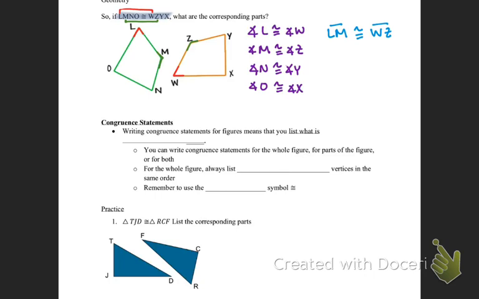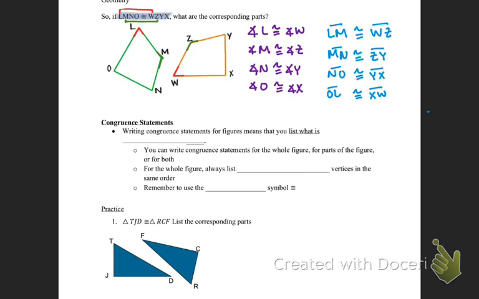And I can go down the line and I can do MN is congruent to ZY. And I want to remember to name these with the segment bars above them because there are segments. NO is congruent to YX. And lastly, OL is congruent to XW.